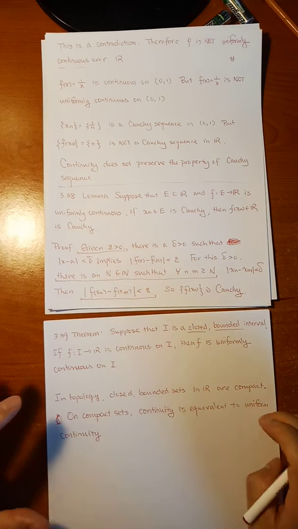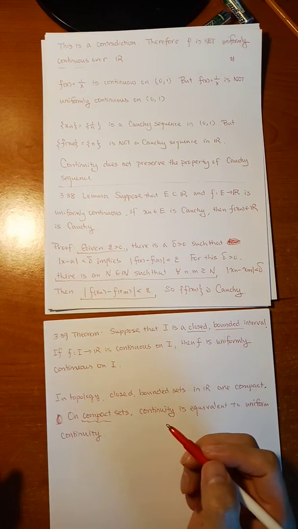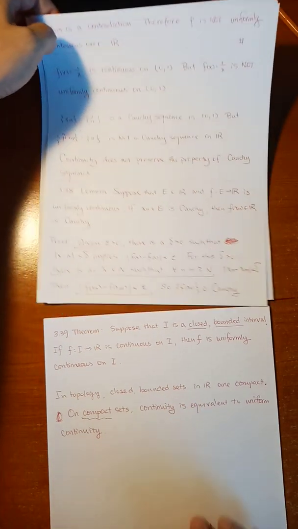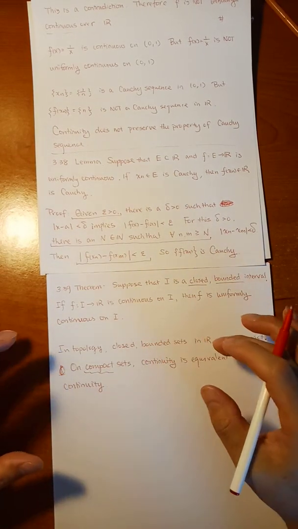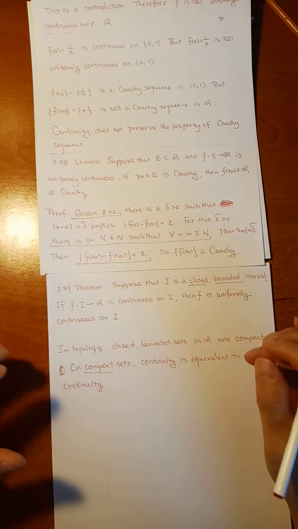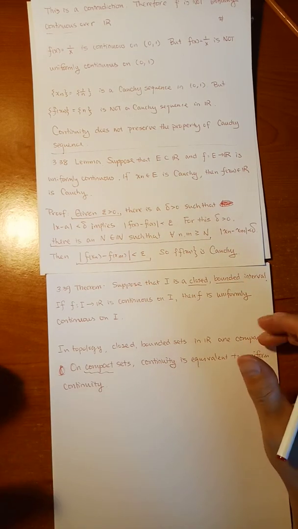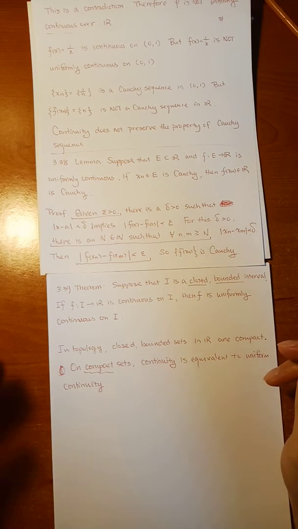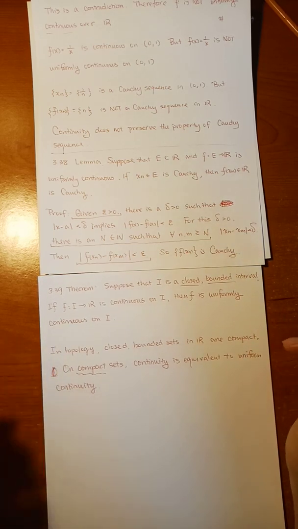So these two concepts are equivalent. The important restriction is that you have to have a compact set. Later, whenever you see a closed bounded domain and a continuous function, you can automatically say this function is uniformly continuous. Whenever you have a closed bounded domain and a continuous function over it, then this continuous function must be uniformly continuous.